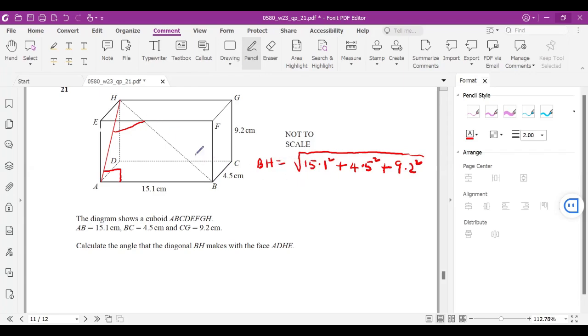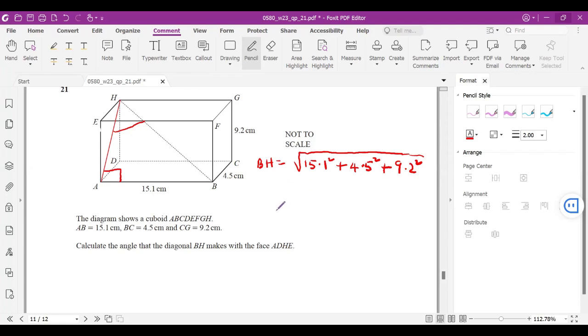This line BH is the longest diagonal in this cuboid. And the method of calculating the length of the longest diagonal is simply by taking the square root of the sum of the squares of the length, the breadth, and the height. It gives you the length of the longest diagonal.